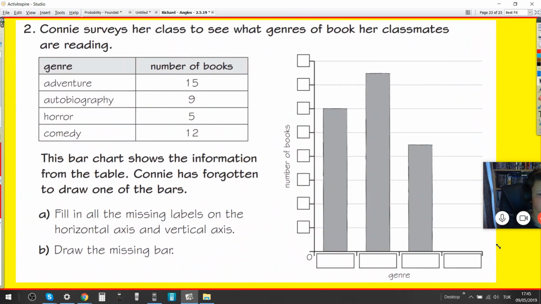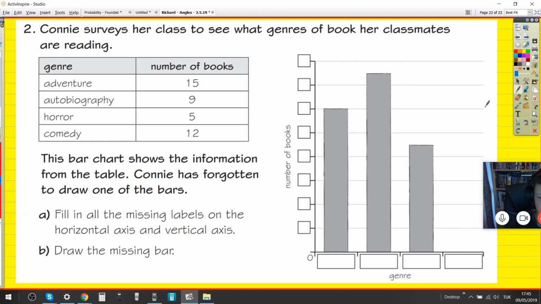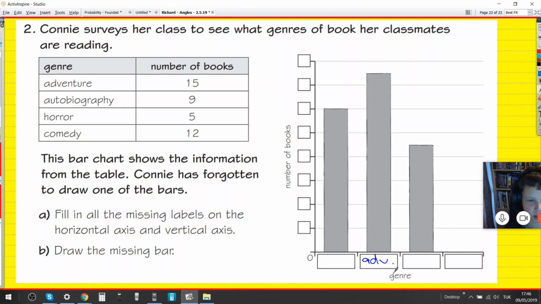Connie has forgotten to draw one of the bars. Fill in all of the missing labels on the horizontal axes and the vertical axes. Draw the missing bar. So the longest bar must be the adventure one because it's the largest one.